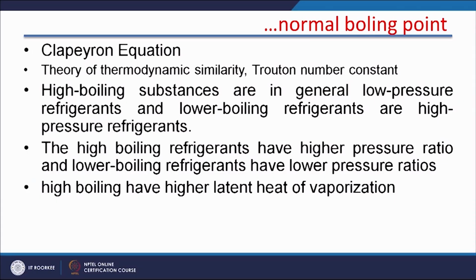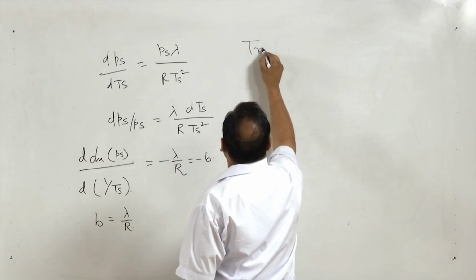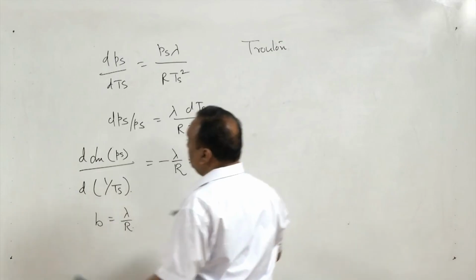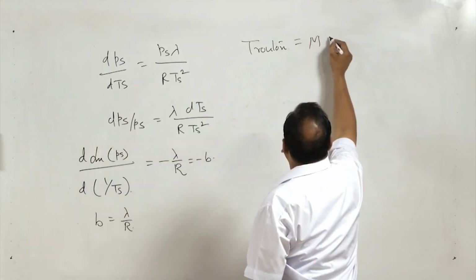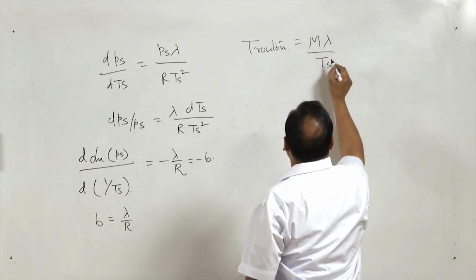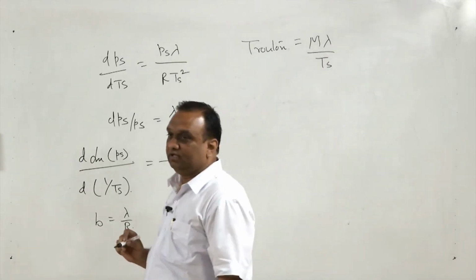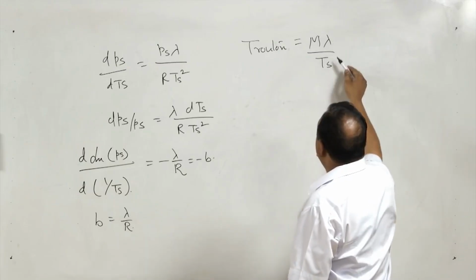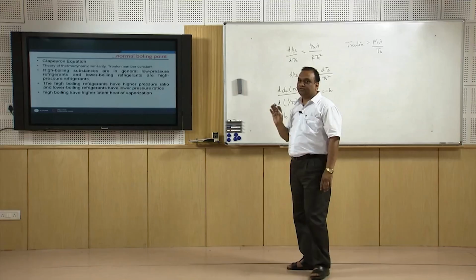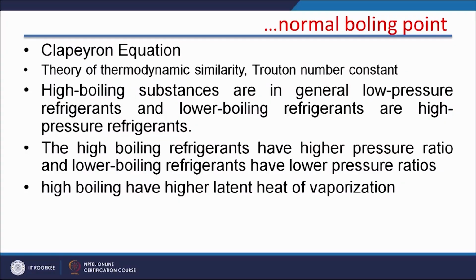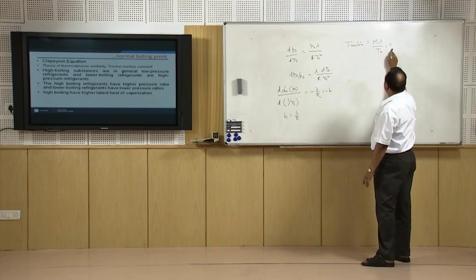Now, if you look at the theory of thermodynamic similarity, which gives a number, the Trouton constant or Trouton dimension number, that is equal to M lambda over Ts. M is the molecular mass of the substance, lambda is the latent heat, Ts is the saturation temperature. Thermodynamic similarity theory says that substances of the same group will have this Trouton number as a constant.